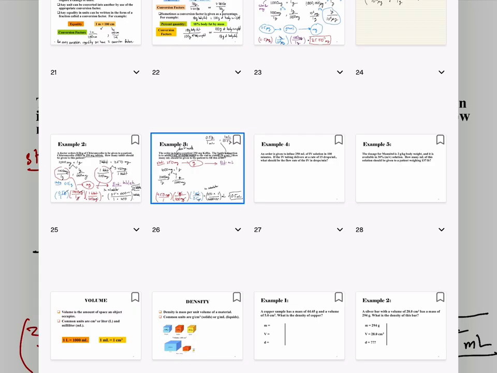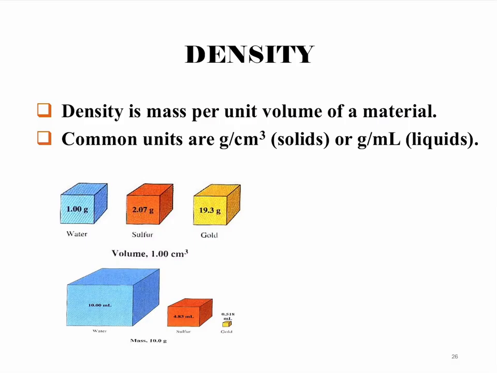All right, so before we end for the day, I'm going to introduce density. Density is a mass per unit volume of a material. It's a physical property of the material, something inherent to it. What it has to do with is how close the atoms are packed together in that material.